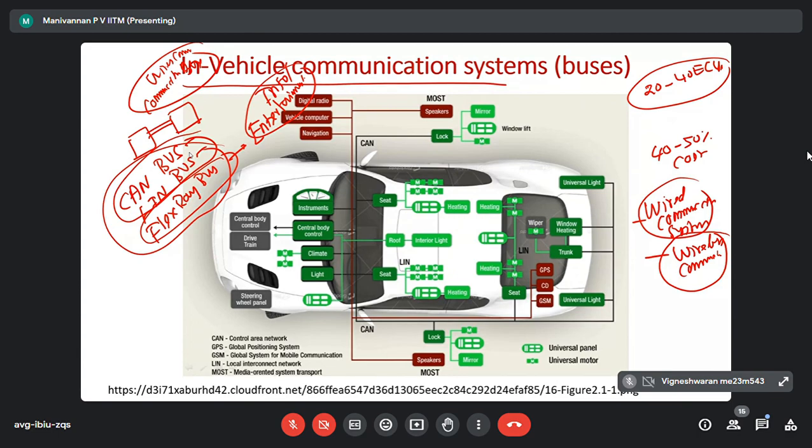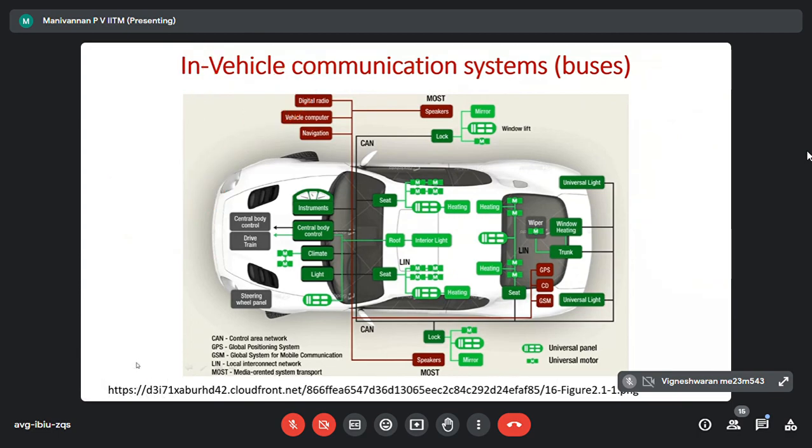Okay. So now let's see this picture clearly. You have the body electronic control. Body electronic control is nothing but for your doors. If your door is open, the engine won't start. If your boot is open, the doors are open, the engine should not start. That is modern. So these are all connected to the body electronic system.